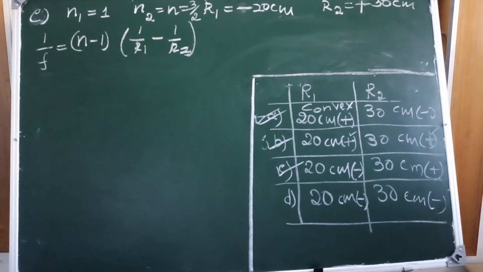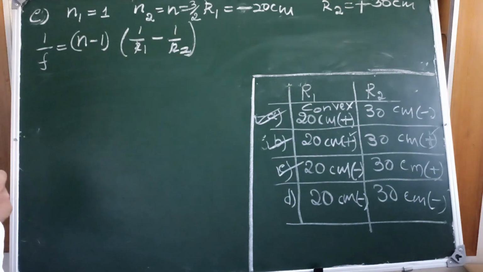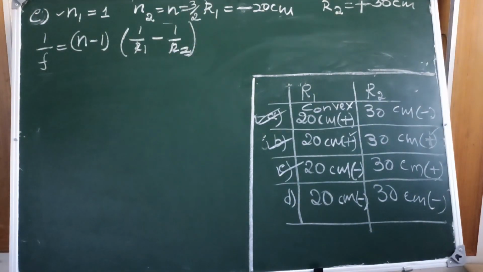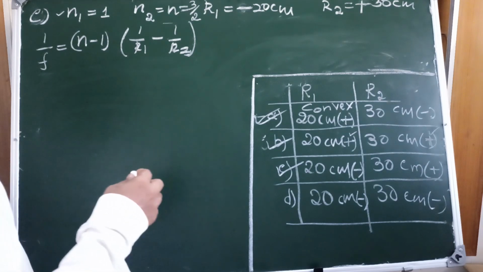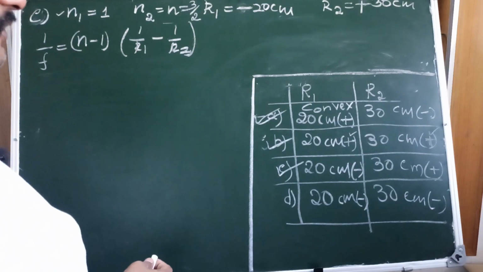All other features remain the same, and the lens maker's formula is the same. Here n1 is equal to 1, n2 is equal to n, which is 3 by 2. R1 is minus 20 centimeter, R2 is plus 30 centimeter. Now let us substitute the values in this expression. We can find out what type of lens we are taking. Let us analyze the radius of curvature first.